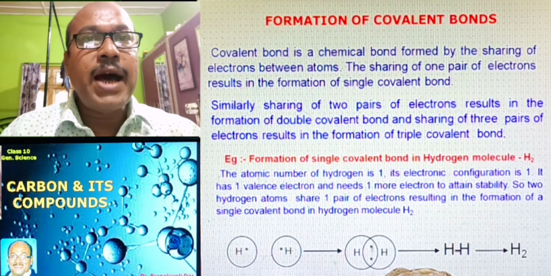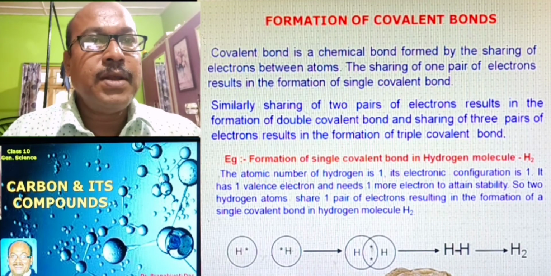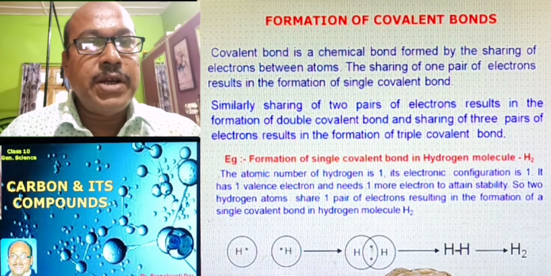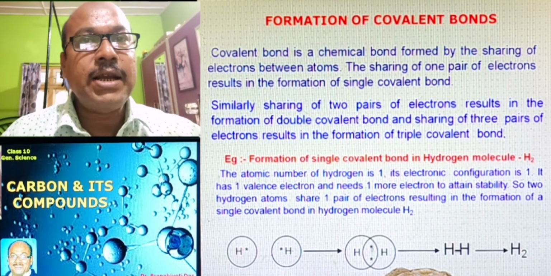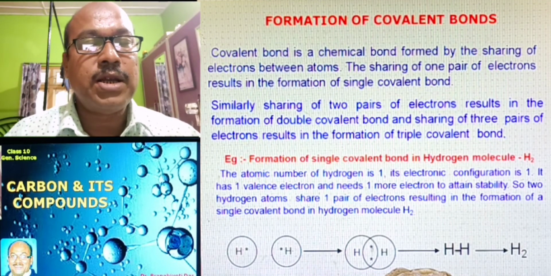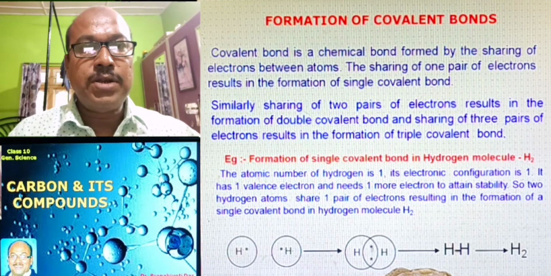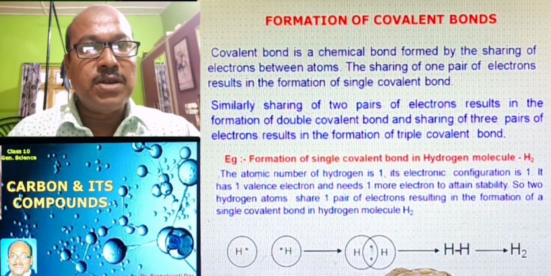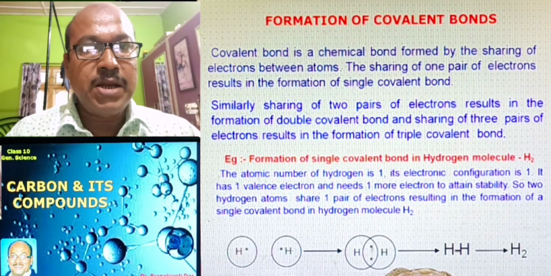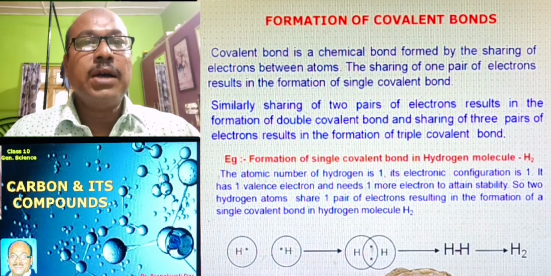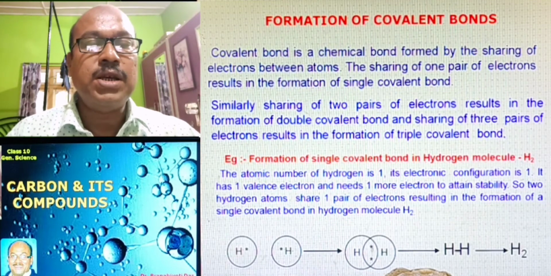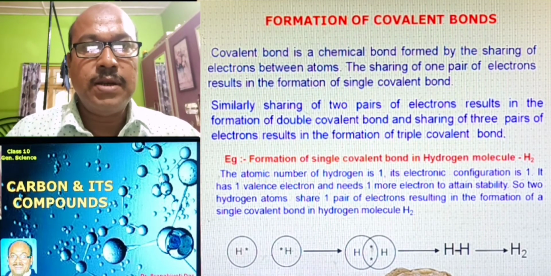The atomic number of hydrogen is 1. So its electronic configuration is also 1. It means that in the outermost orbit of hydrogen there is only one electron. According to Kossel and Lewis, the first orbit of hydrogen must have 2 electrons. It means hydrogen has to obtain one more electron in its outermost orbit.